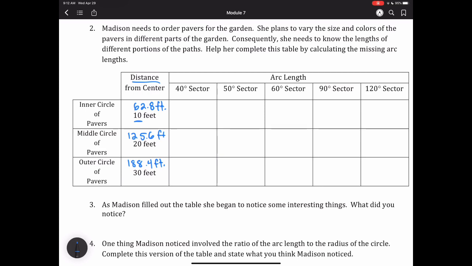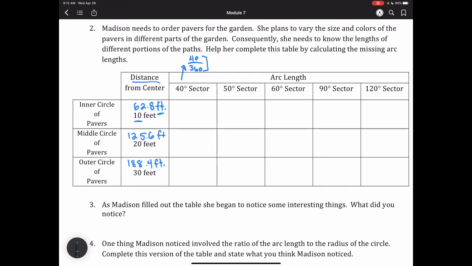Now what we can do is multiply those circumferences by the fraction of the circle that we're working with. So a 40-degree sector would be 40 360ths of the circle, right? You could reduce that if you'd like to, or you can just take this fraction and multiply it by the total circumference.